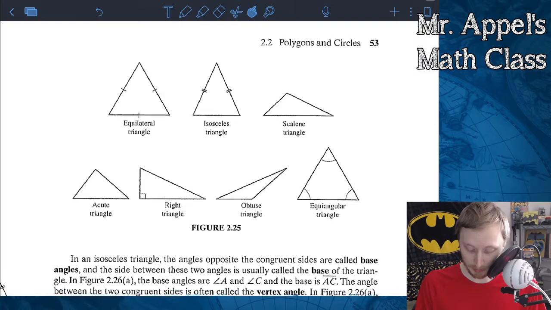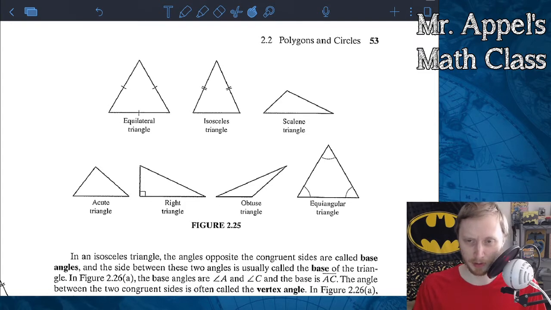And then a pictorial example to go along with each of those. Here is the equilateral as marked with the equal sides. The isosceles triangle, scalene, no marks on any sides. Acute, right, obtuse, and equal angular as marked there. And of course, we know that the equilateral and the equal angular are in fact the same figure. But that's a theorem that'll come up later.